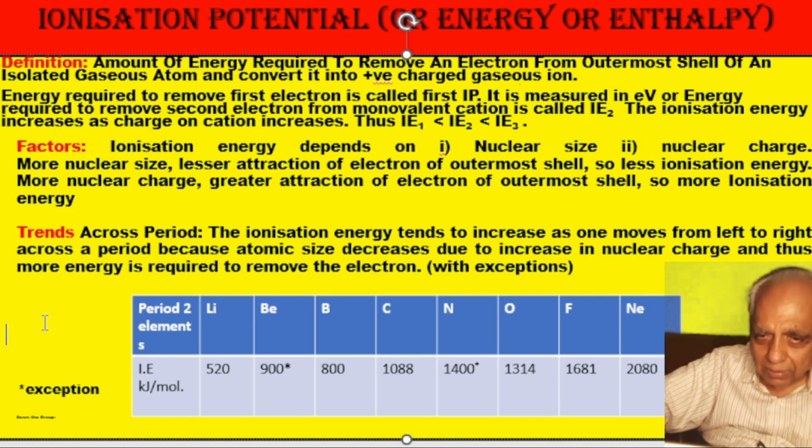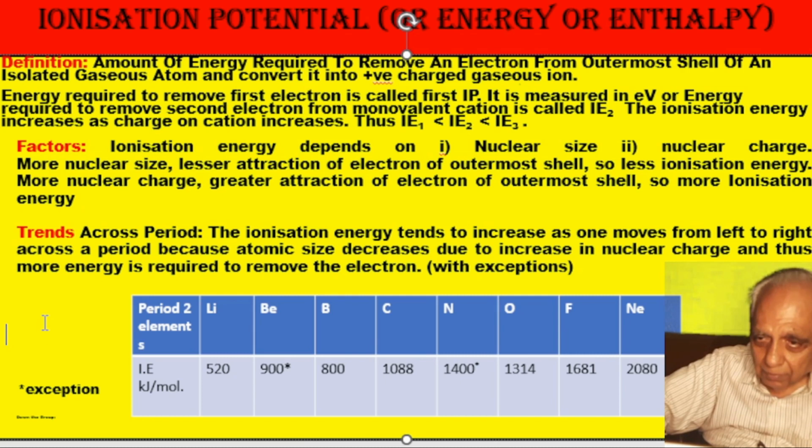Now if I remove a second electron also from the outermost orbit, then the energy required to remove it would be much more than the earlier one. Why is it much more than the earlier one?